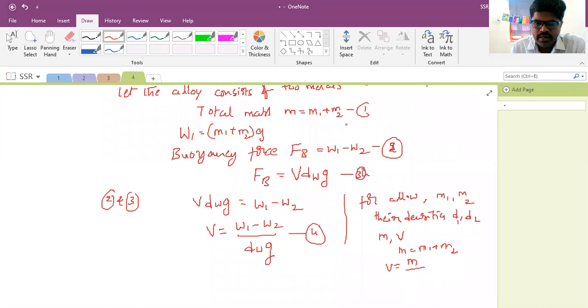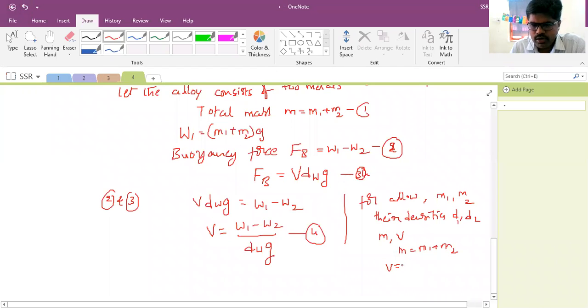For that you can take a very simple approach: total volume is equal to V1 plus V2, where V1 is m1 by D1 and V2 is m2 by D2. So the total volume of the alloy is m1 by D1 plus m2 by D2. This is equation number 5.